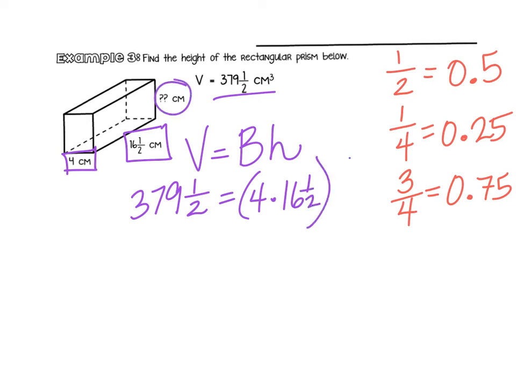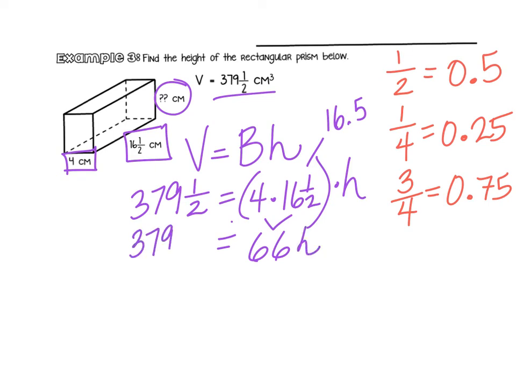And I'm solving for my height, so multiplying by height over here. First thing I'm going to do is multiply 4 times 16.5. If you're using a calculator, you would enter 16 5/10 here. That ends up to be 66, and then I have H. I still have 379.5 over here.